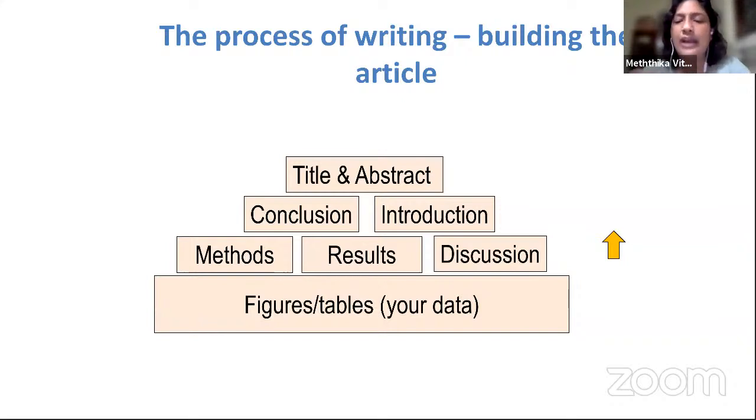If you write the title and abstract first, it will be harder because you don't know the story. You don't know the highlights of your data to present. So this is how I do it, but you can choose and practice in your own way.